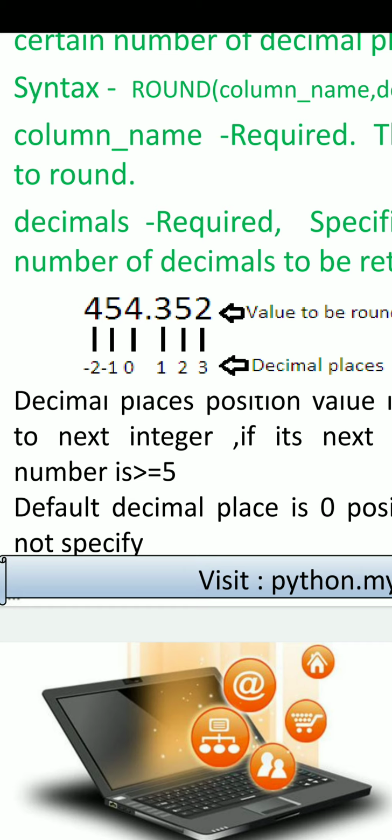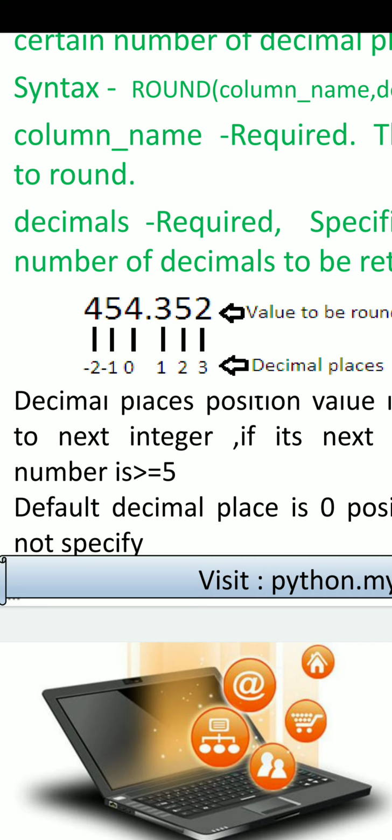That's why its result will remain 454 only. Okay, now consider the next example. We want to find the rounded value at 1 decimal place.